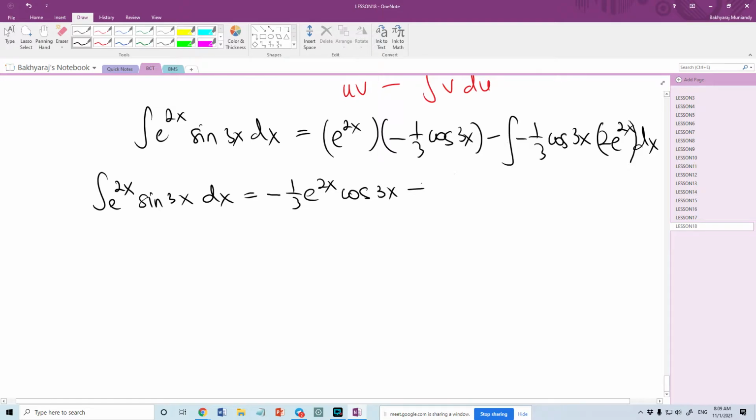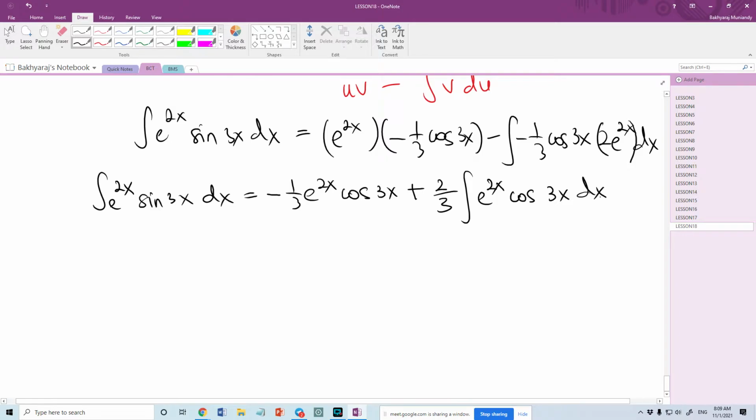You see, negative negative is positive, so I put positive here, and then I get 1 over 3 times 2, which is 2 over 3. I put 2 over 3 in front, integral, so the constant is already taken out, and I get exponent 2x cos 3x dx.